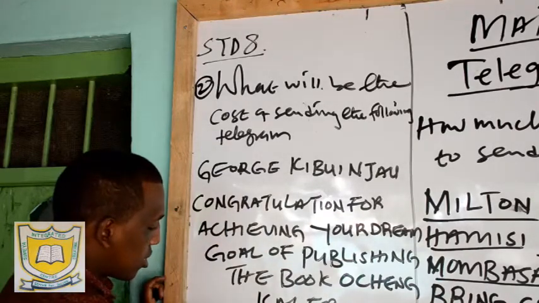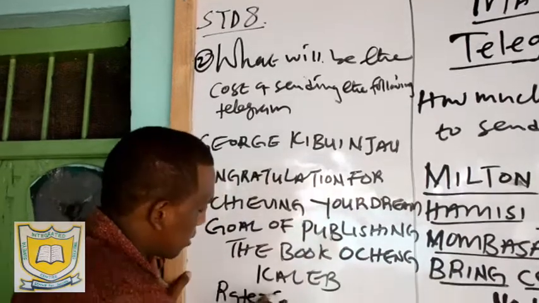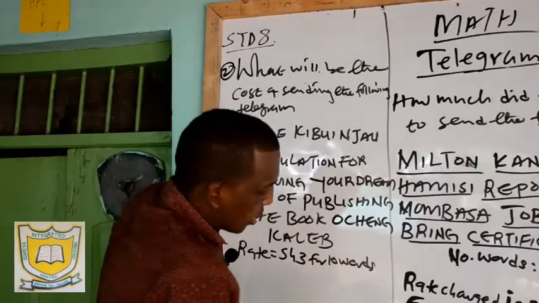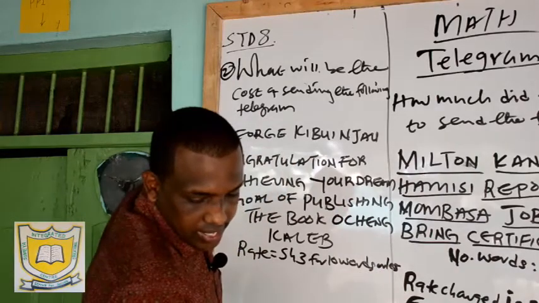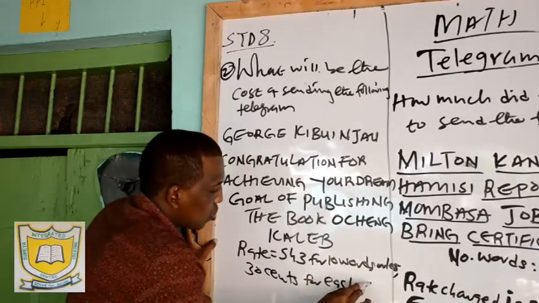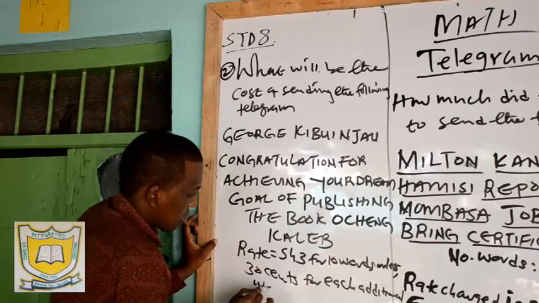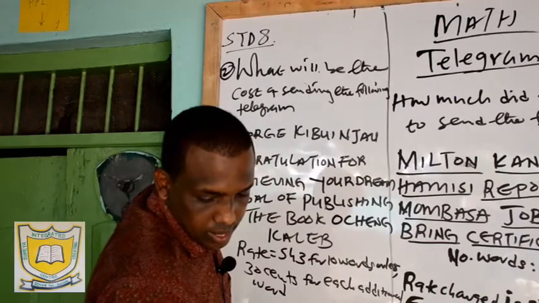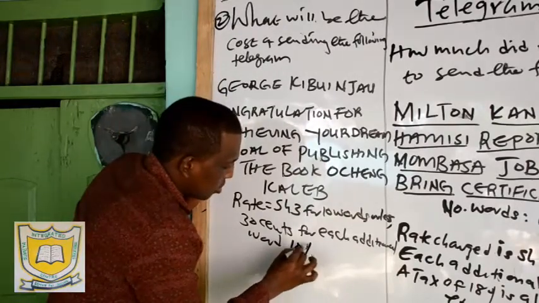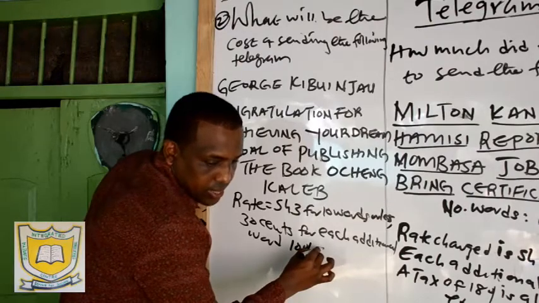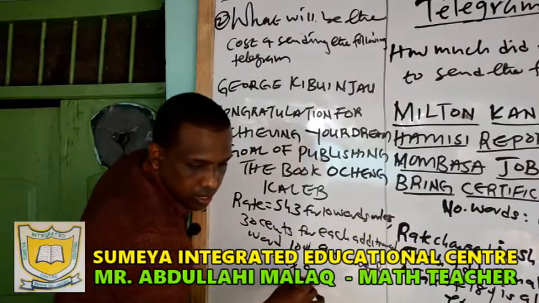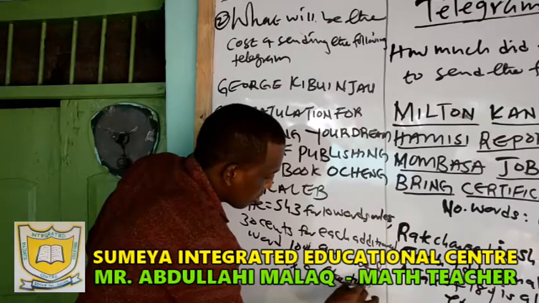You are given now the rate. You are told the rate is shillings 3 for 10 words or less. 30 cents for each additional word. 10% government tax of the total.